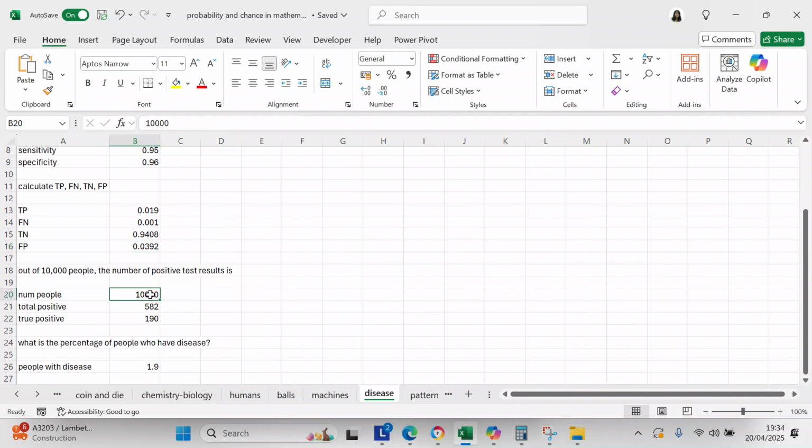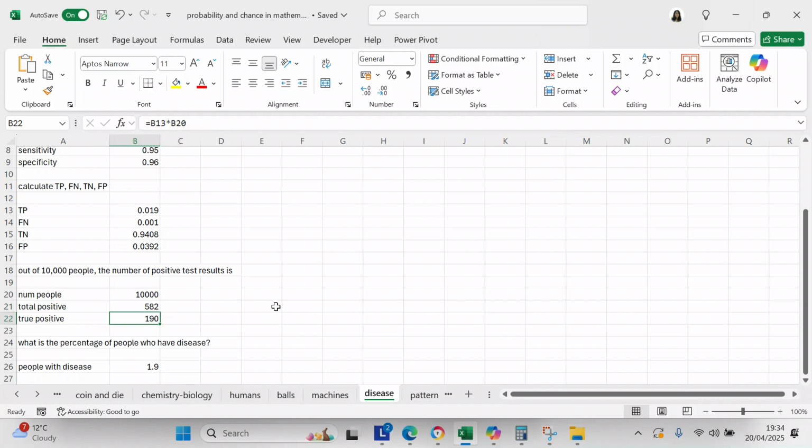So the number of people is 10,000. Total positive is B20 times B13 plus B16. And then the true positive is B13 times B20.